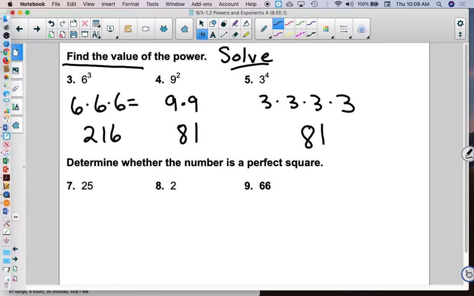It may be a good idea that you get in the habit, when you say yes or no, to go ahead and show the proof, because that makes you really think about it. It may be a good habit to get into, so you know you're not guessing.